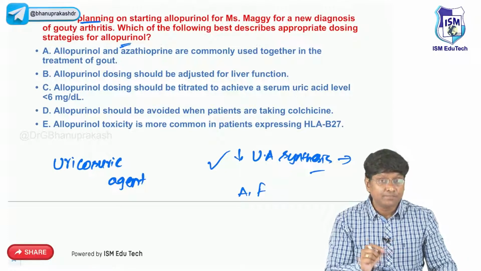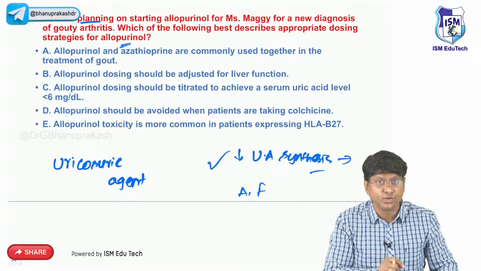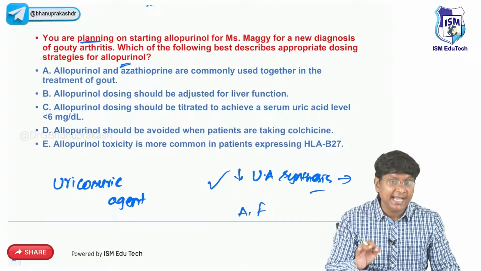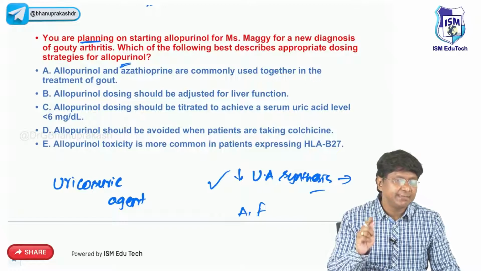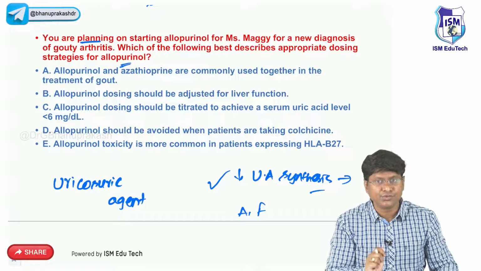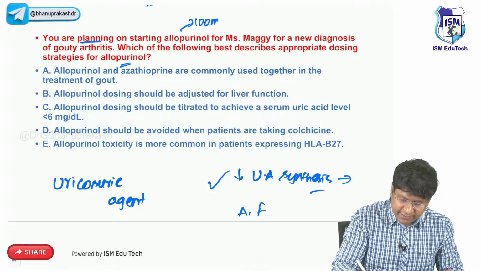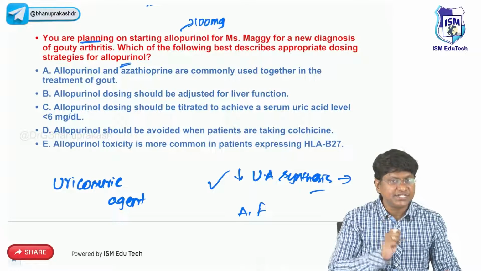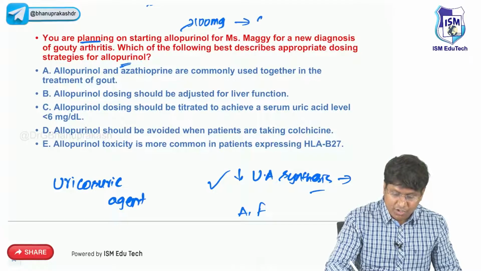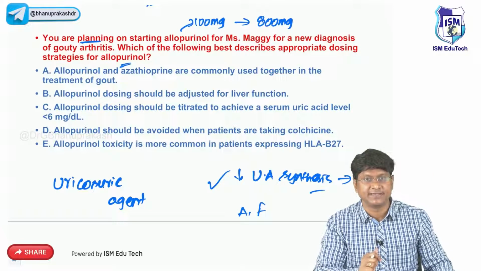All right. Now coming to this particular dosing. Allopurinol can be given as a single morning dose. 100 milligrams is the initial dose that we start with. And how much can you increase allopurinol up to? You can increase up to 800 milligrams.